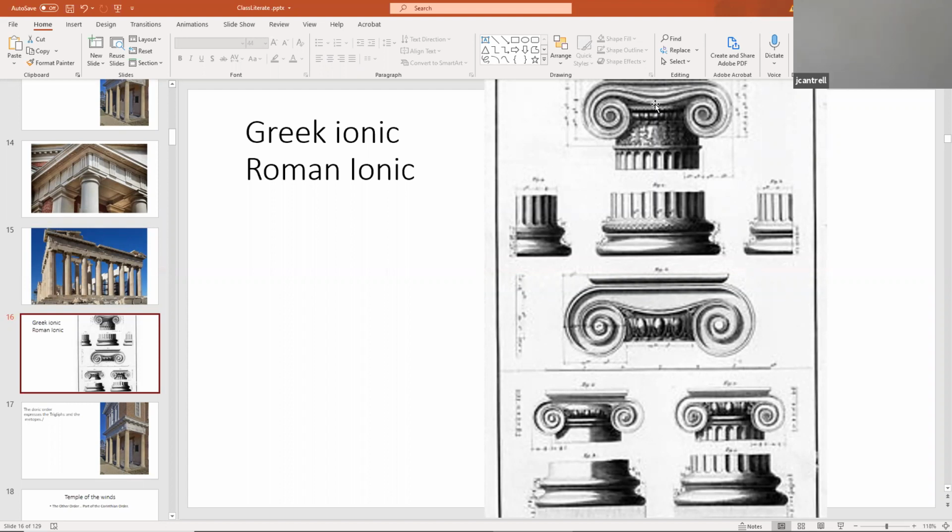And of course, when we get to Roman Ionic, you can see that the scrolls are completely flat at the center between each one of the volutes. It's a very specific, distinctive difference between the two orders. So one is curved and wavy, and the Roman Ionic is, of course, straight and completely flat.